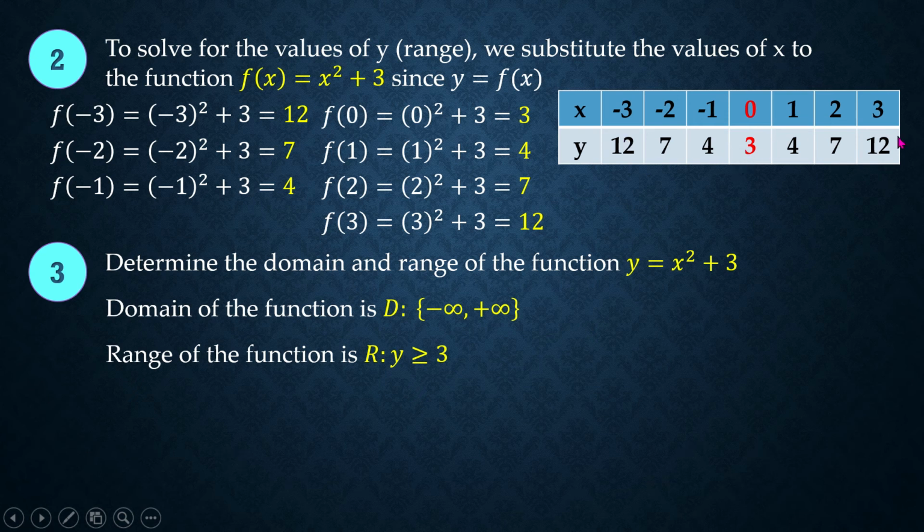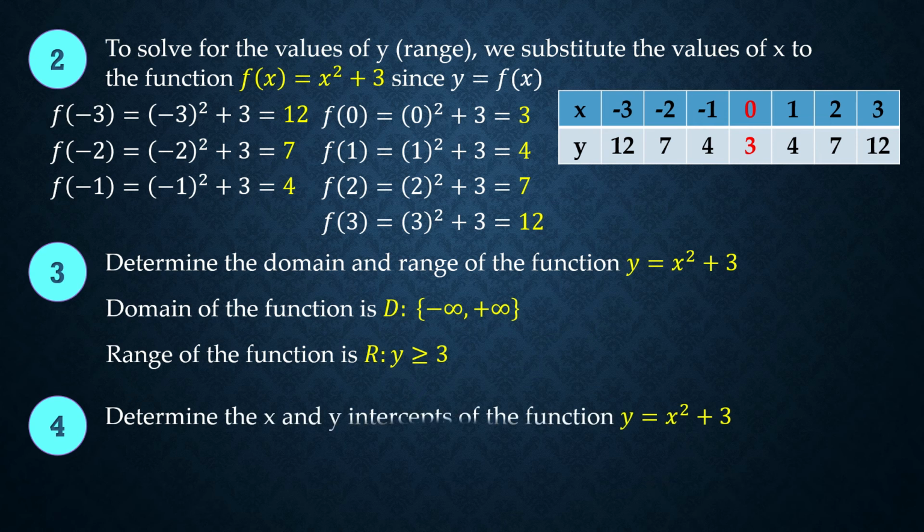So, and increasing. So, therefore, ang pagsulat is y is greater than or equal to 3. Why? Kay ang pinakagamay nga value sa y is positive 3. Nga, sa mga number nga dako pa sa 3, that is 4, 7, 12, and so on. Unsa pa yung mga solution sa y, given the values of x.